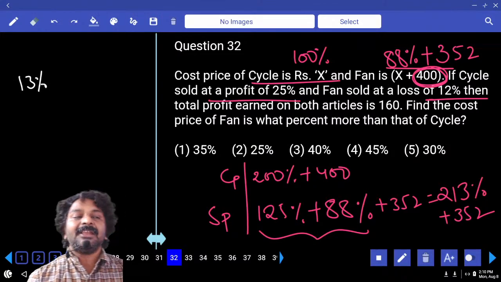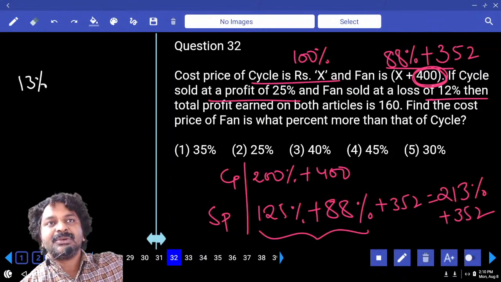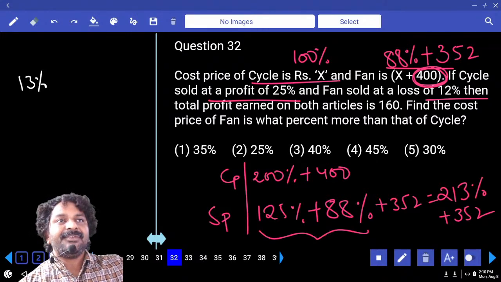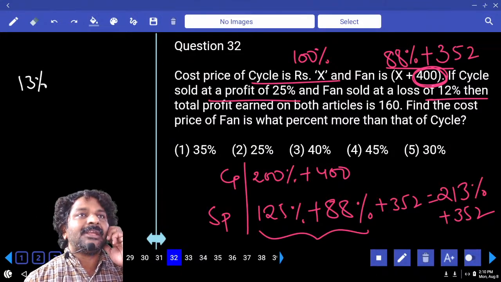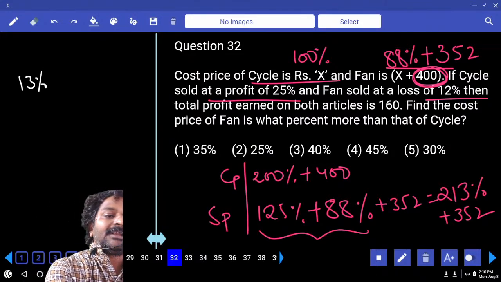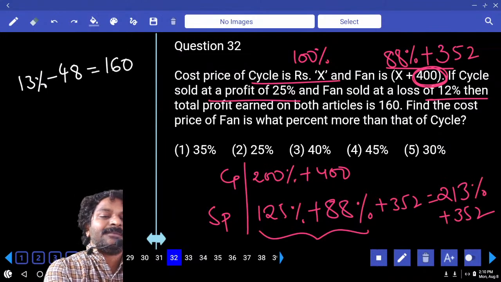Let us calculate profit in terms of our numbers. Our selling price is 213% plus 352. Cost price is 200% plus 400. Then profit is 13% minus 48. And in the question it is given as 160. Then 13% value is equal to 208.